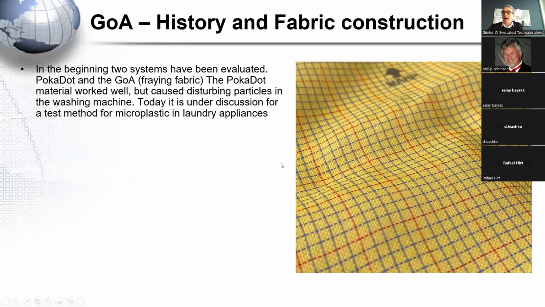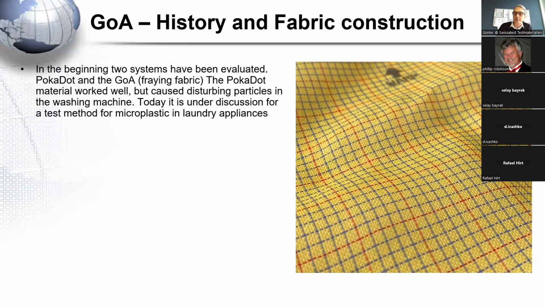First of all, I would like to give you some history about the Gentleness of Action testing. In the beginning, two systems were being evaluated. One was the polka dot, and the other was the GoA, the fraying fabric, the Gentleness of Action fabric. Both of them worked well, but the polka dot fabric, these blue dots, who doesn't know it, caused a lot of lost dots in the machine.